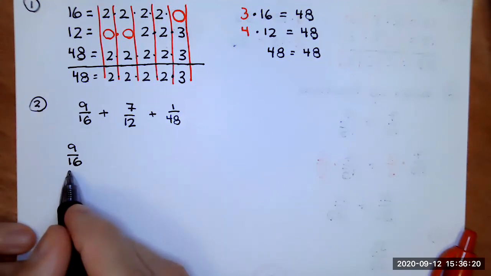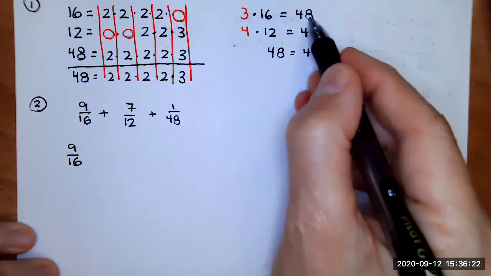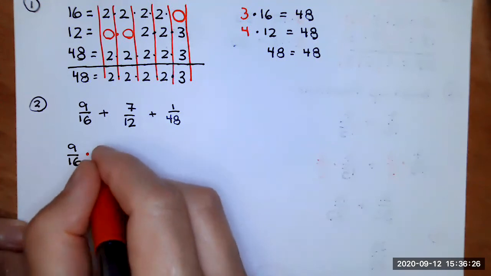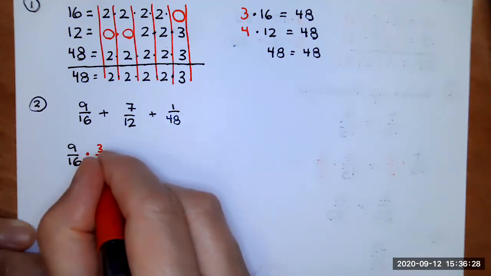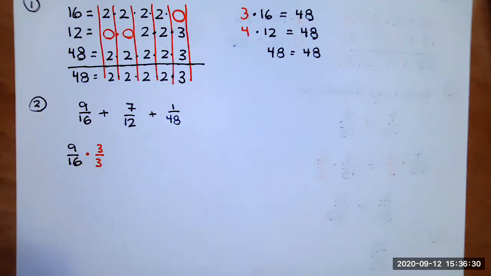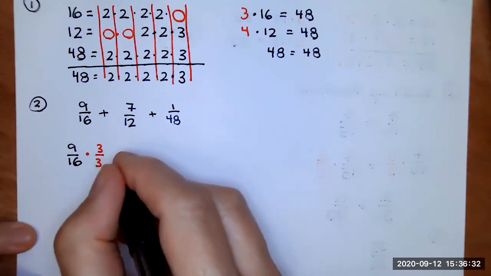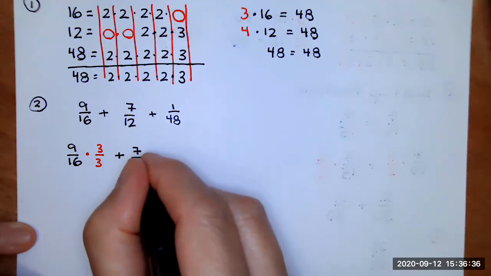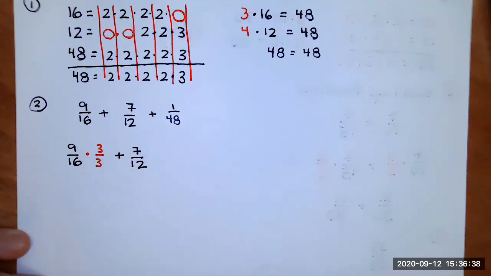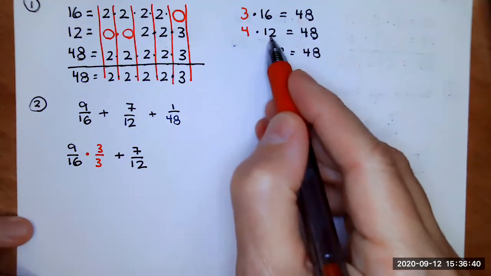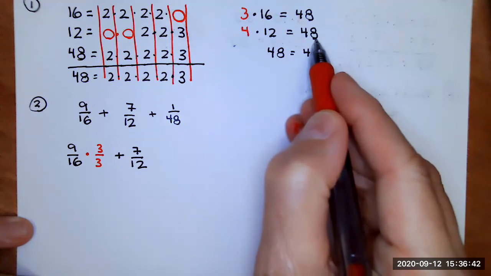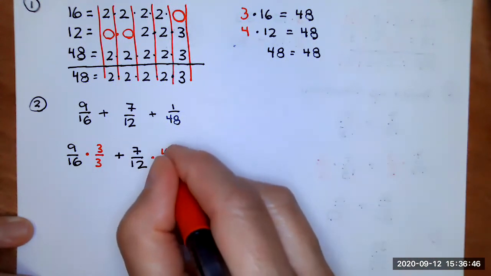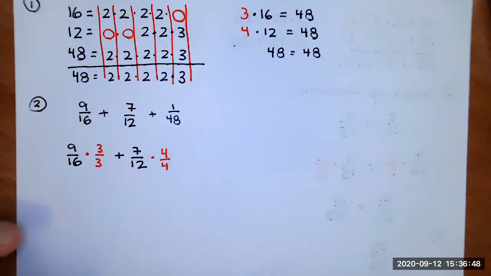So I have 16. I want 48. So I'm going to multiply by 3 over 3. Remember, you always multiply the numerator and the denominator by the same number. I have 12. I want 48. So I'm going to multiply by 4 over 4.